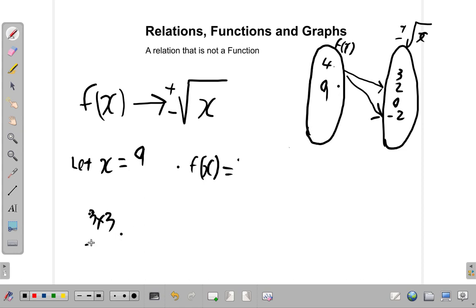But then negative 3 multiplied by negative 3 also gives 9. So I could put a negative 3 down here, and 9 will map to 3, 9 will map onto negative 3. So again, you have a one-to-many mapping. One person had voted for 2 candidates, and that's illegal.